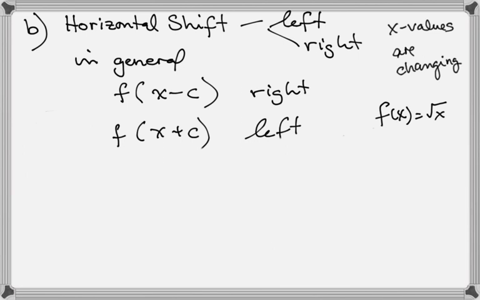Up and down's on the outside, and when you're going to the left or right, you're adding or subtracting a number on the inside. There's usually some kind of parentheses there. And if you see x minus c, that means you're going to the right. If you see x plus c, you're going to the left, opposite of what you're thinking.